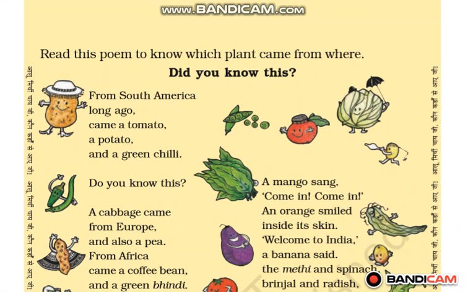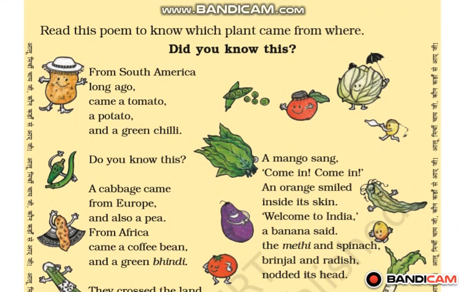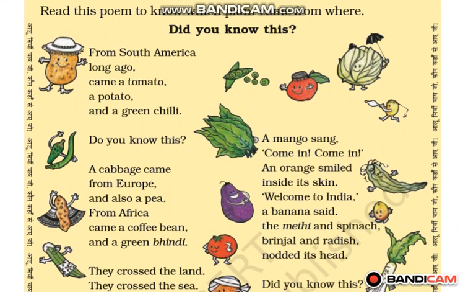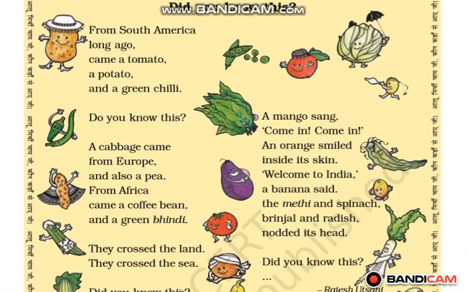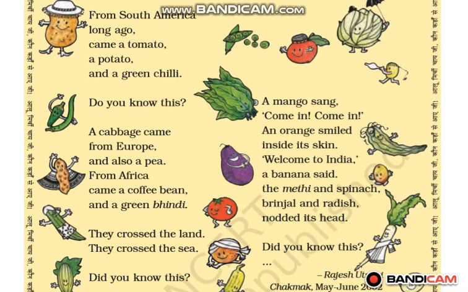So let's read and enjoy a poem in which we will see how seeds came from where. Did you know this? Let's see what this poem tells. From South America long ago came a tomato, a potato and a green chili. So students, green chili, potato and tomato came from South America.